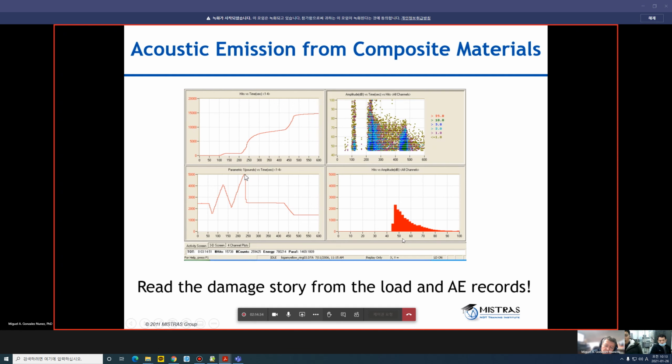Then, as you can see here, we go above 5,000 pounds. And what happened here, maybe we created some damage in this composite material, that even as we are unloading now, there is also an increase in the accumulation of acoustic emission signals.